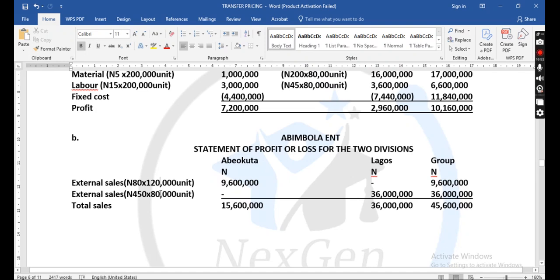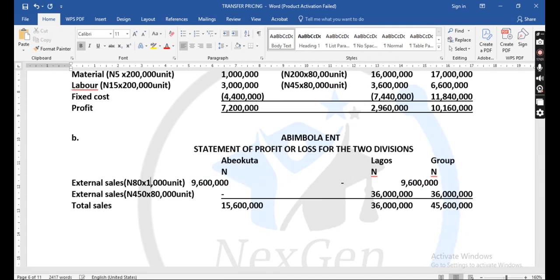And Lagos can decide that you can buy the same fittings at 65 naira. So in this case now, we give external the 180.